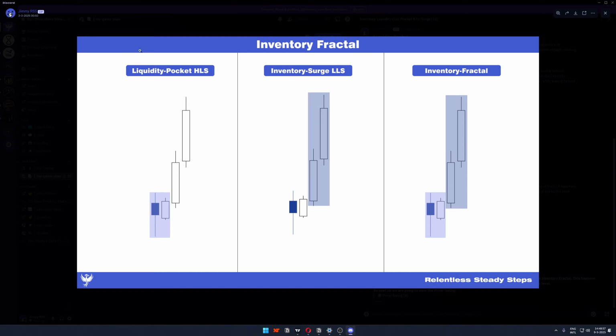So it all starts with the liquidity pocket, which is always a high liquidity state zone. It's essentially two candles that are quite tight, followed by an inventory surge, which is a low liquidity state.